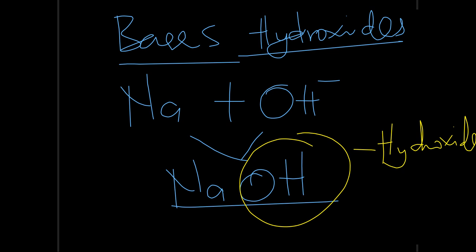It's really easy naming compounds of this nature because all you do is to separate the compound into two parts, the cation part, then you have your anion part. You first name the cation part, then you name the anion part. The anion part will contain the word hydroxide.